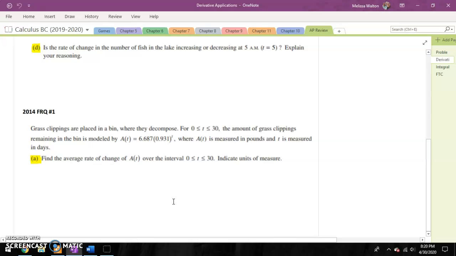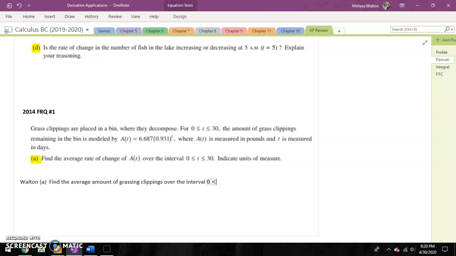Let me write a second question. Find the average amount of grass clippings over the interval 0 less than or equal to t less than or equal to 30.